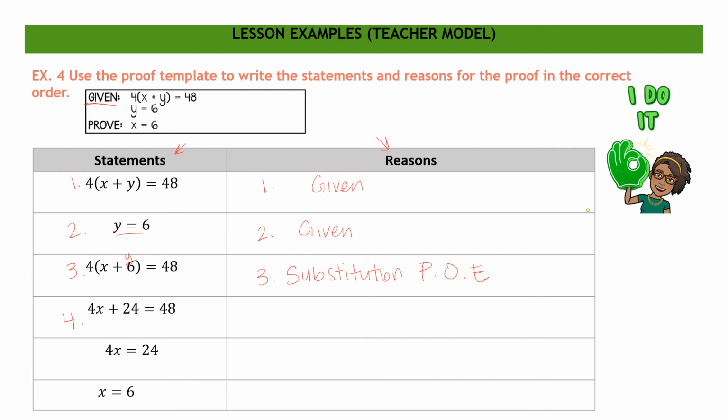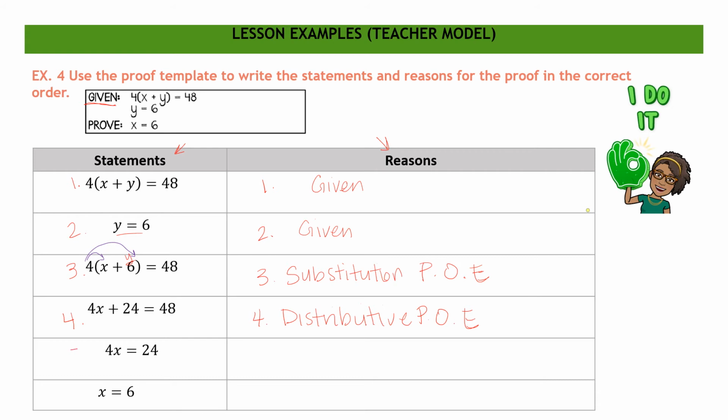Well, in the previous statement, 4 was on the outside of grouping symbols. That means I had to do some type of distributing to get my next statement. So that helps me know that the reason is going to be the distributive property of equality, because now this 4 has been multiplied to everything inside of my grouping symbols.